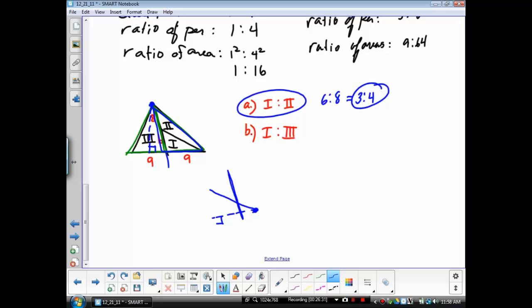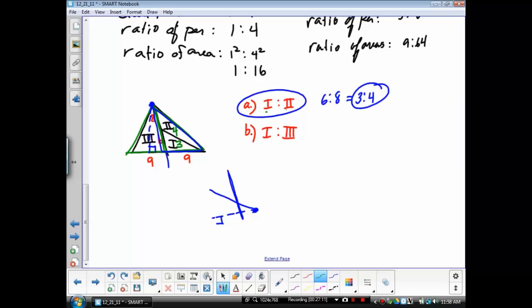Okay? Now, what I know is triangle 1 to triangle 2 have a ratio of 6 to 8 or 3 to 4. Which means if this triangle has an area of 3, then this triangle has an area of 4, and the whole triangle, 1 plus 2, would have an area of 7, 3 plus 4. So the area of triangle 1 to this whole blue outlined triangle is 3 to 7. Let me say that again.